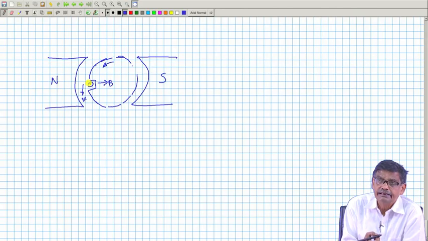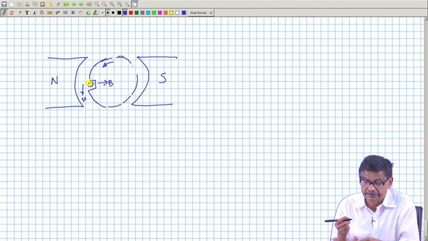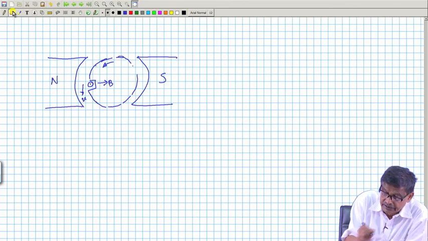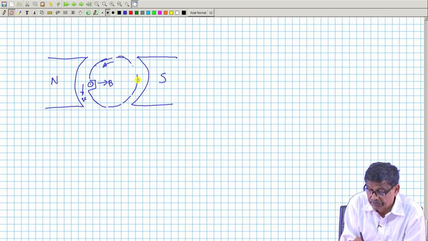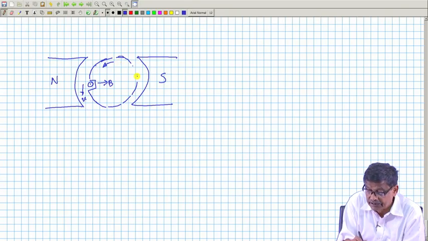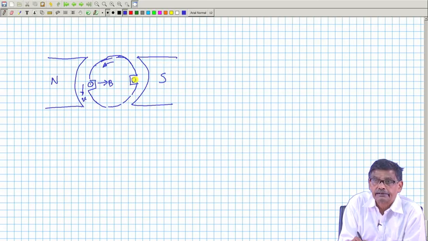Now, this is a single conductor, but to make it a coil side it must have another coil side like this here. Therefore, suppose there are two slots which are diametrically opposite, and this is one coil side and this is another coil side.